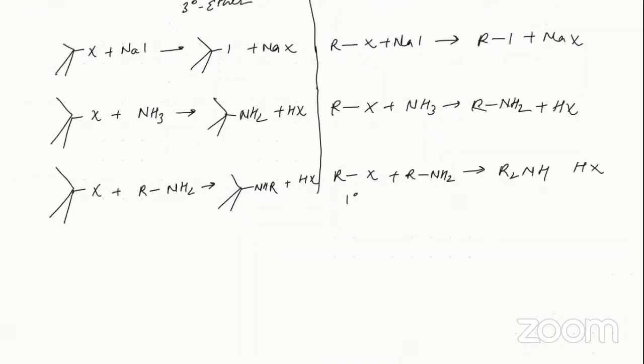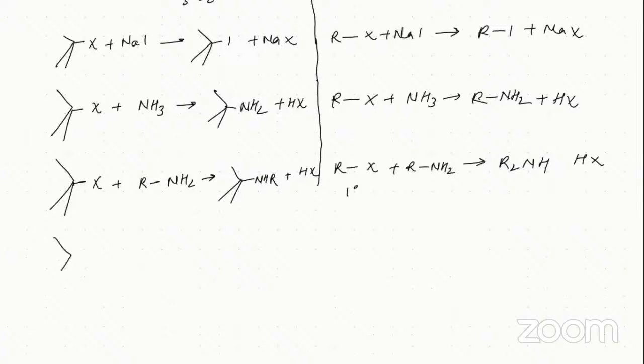Now the next one you see, there are many examples. Take R2NH. This X and this H will be out. So what product are you going to get here?